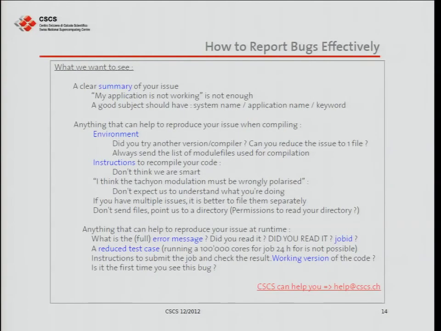And if you send us a ticket, it's always good to send us as much information as you can, like which compiler, which version of the programming environment you're using, how you did the compilation of your code, because sometimes some flags may do something, especially optimization flags. Basically, anything that can help to reproduce your issue will help us, and then we can send it to Cray or to the compiler team.